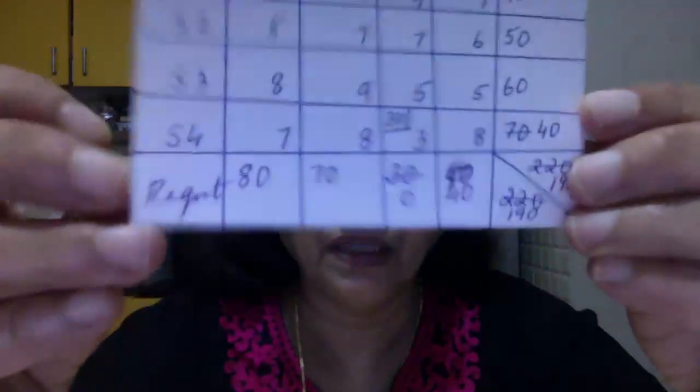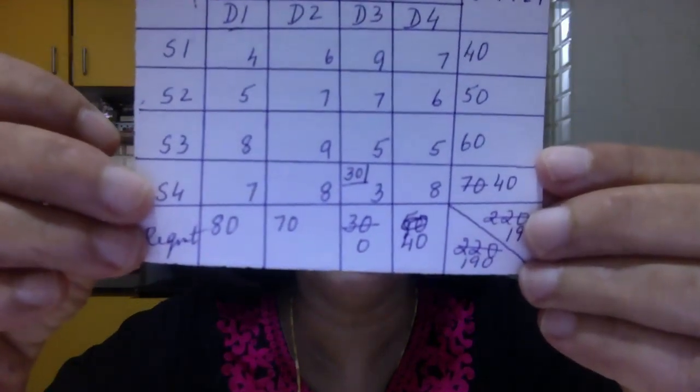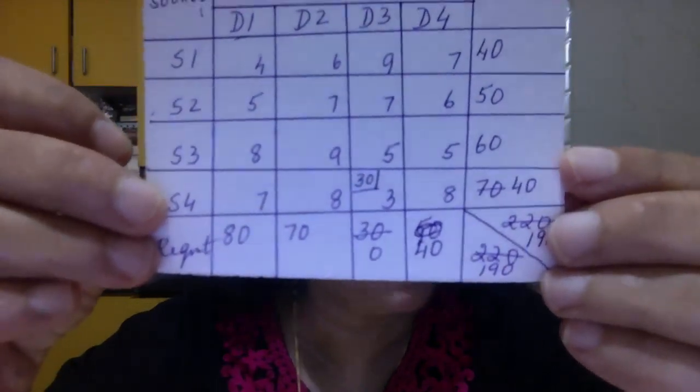Again, allotment. Remember, D3 became 0. So in the next one, I will make another allotment. I will draw again. It is better because in the exam, you will have to draw. Okay. So draw again.